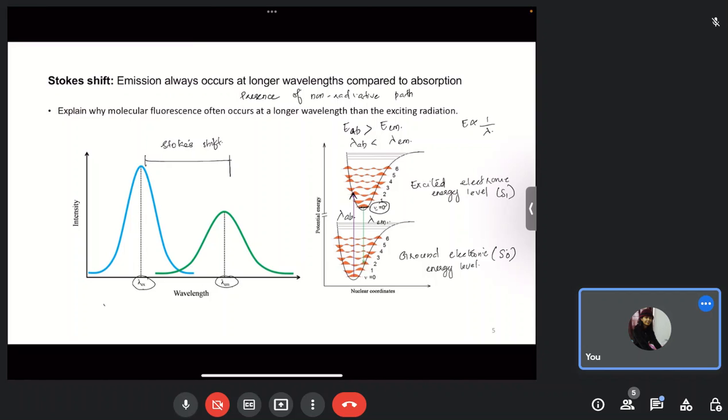The other thing is Kasha's rule, which always says that fluorescence only happens from the S1 to the S0 state, with v equal to 0, the lowest vibrational level of the S1 state, to the ground state.